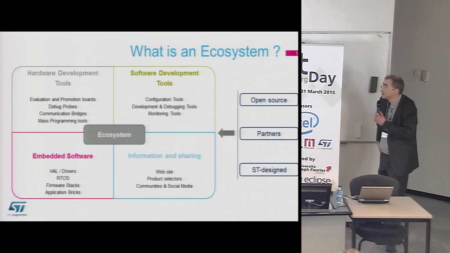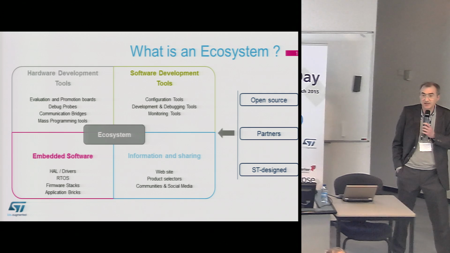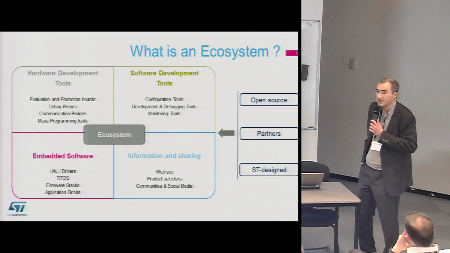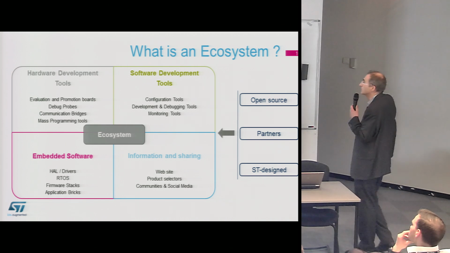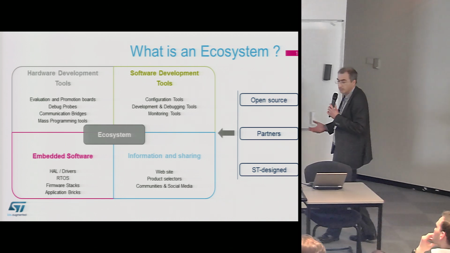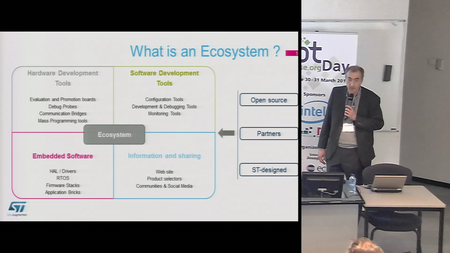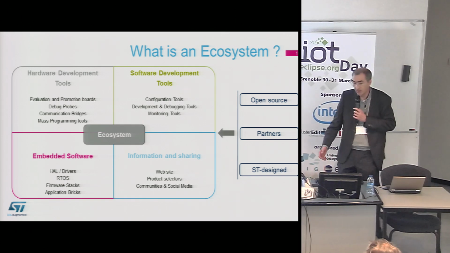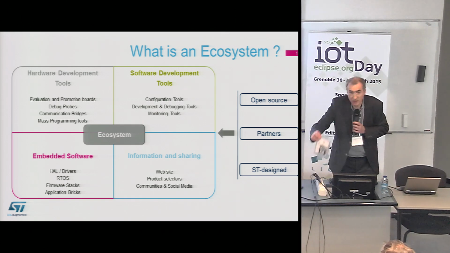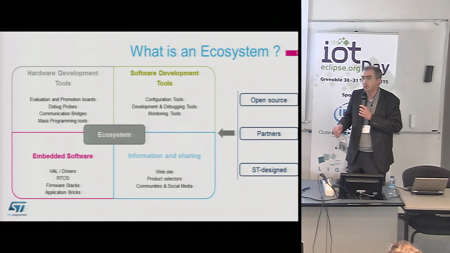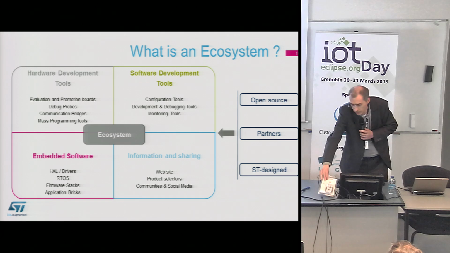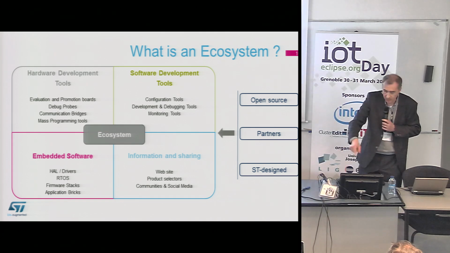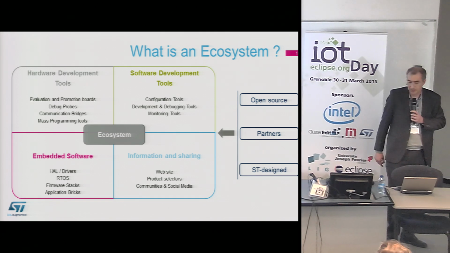Okay, so what I do inside ST is more or less trying to provide some ecosystem around our hardware offer around the STM32. So what do we mean by ecosystem? It's of course the hardware, the pure hardware environment. So we have those Nucleo boards, but we also have discovery kits with more functions and evaluation boards that are more expensive. But this one is very interesting because it's cheap.